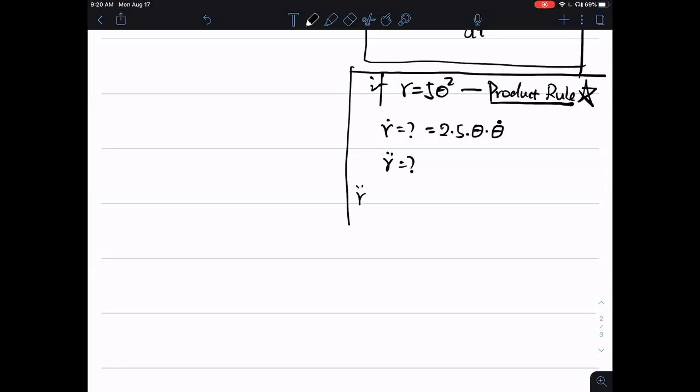Okay, the r double dot is 2 times 5 times theta dot squared plus 2 times 5 times theta times theta double dot.